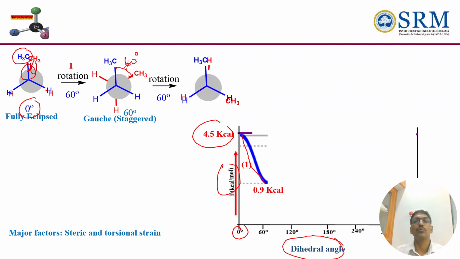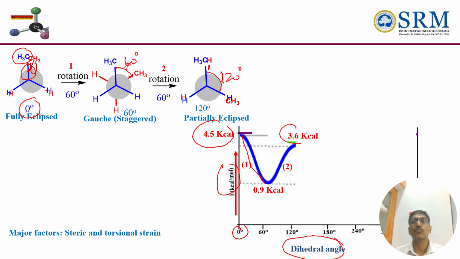However, when you rotate another 60 degrees, that is 120 degrees dihedral angle between these two bulky methyl groups, it becomes partially eclipsed. Compared to gauche, this partially eclipsed conformer has slightly higher energy, at the same time lower compared to the fully eclipsed. That's what you see here.